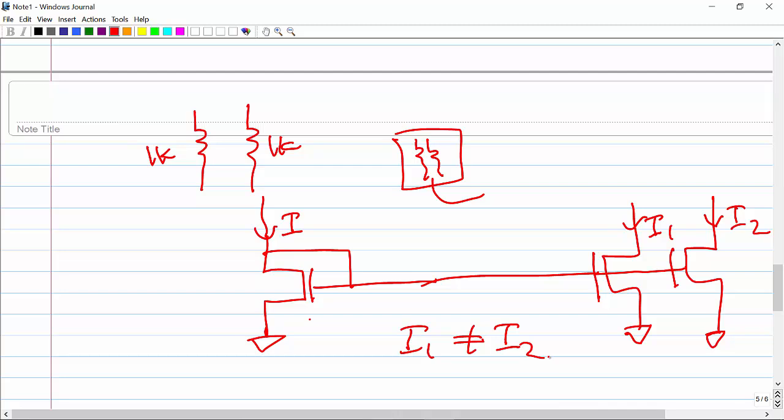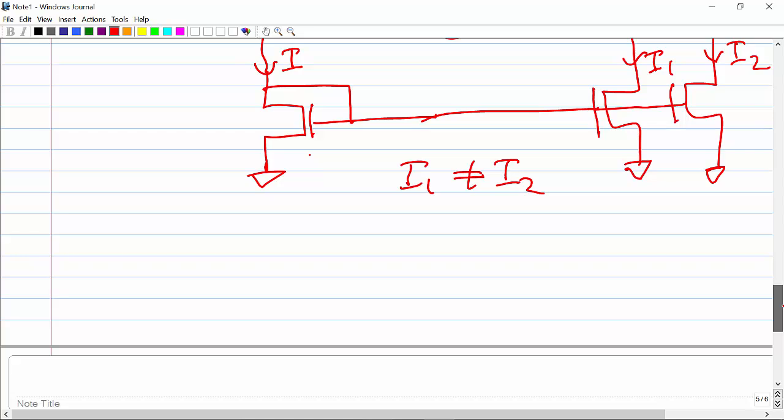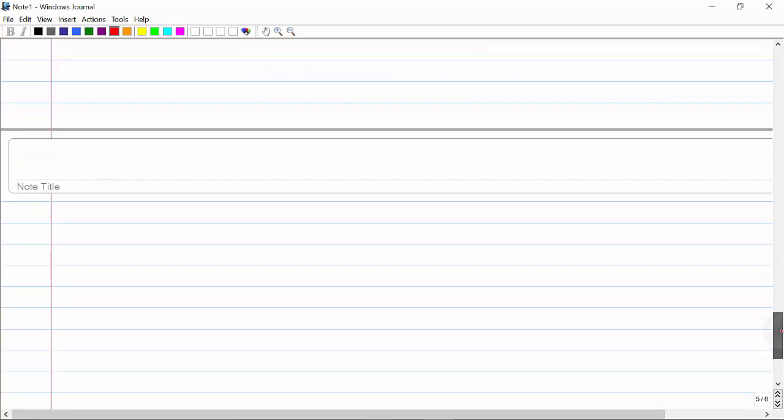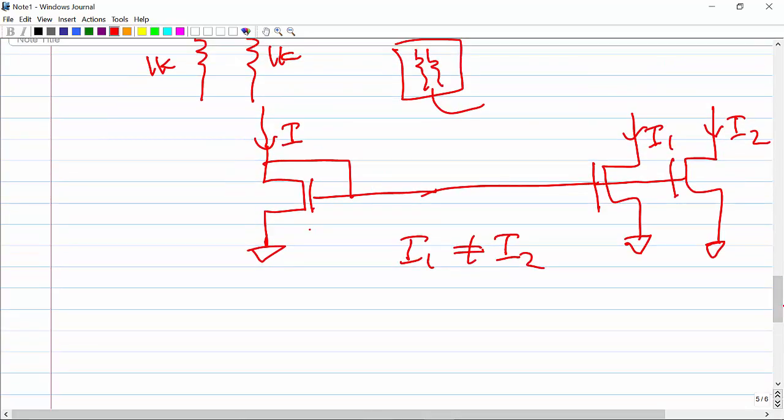So this is one example of mismatch in the MOSFET, and in most applications you don't like to have this mismatch because you want I1 equal to I2. Another example is the differential pair.